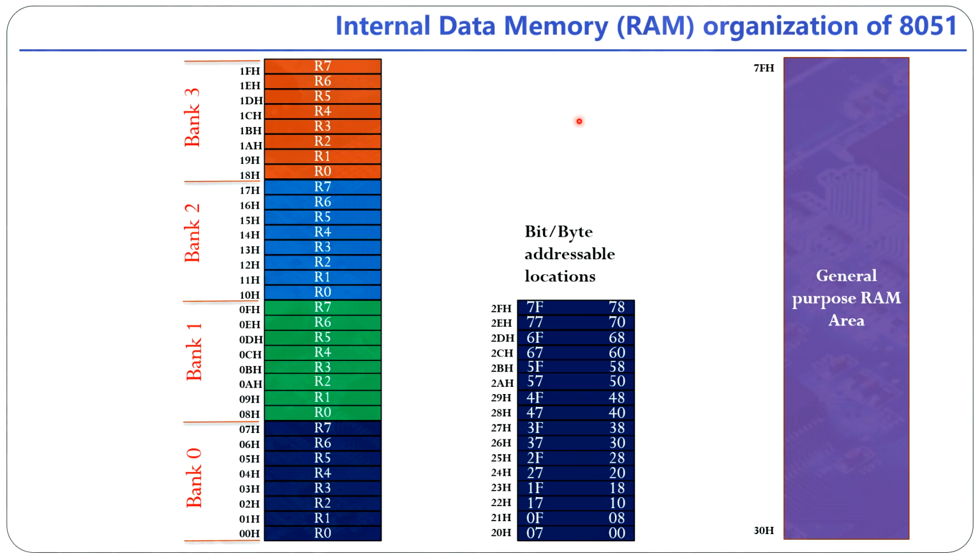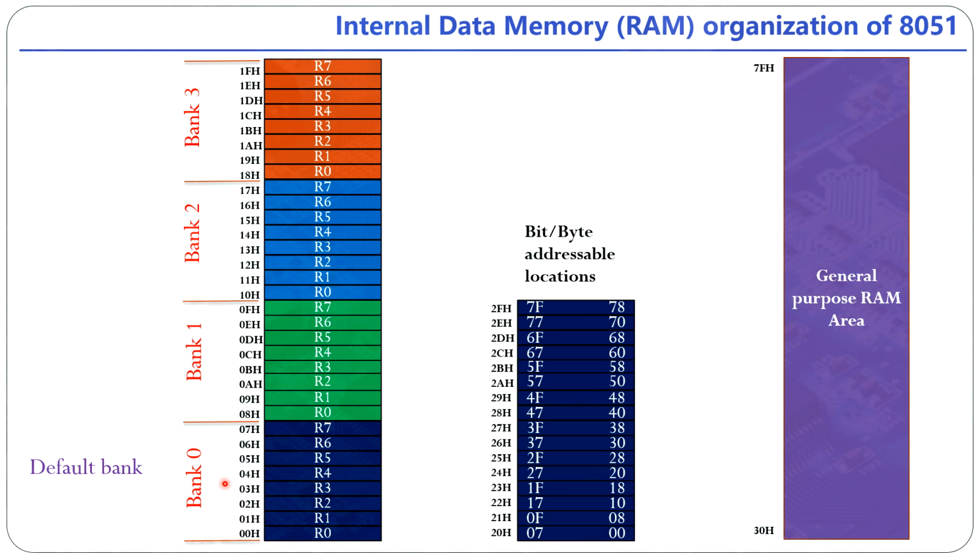And next, bank 3 also has 8 locations. In a location we can store 8-bit data for processing purposes. Remember these things.